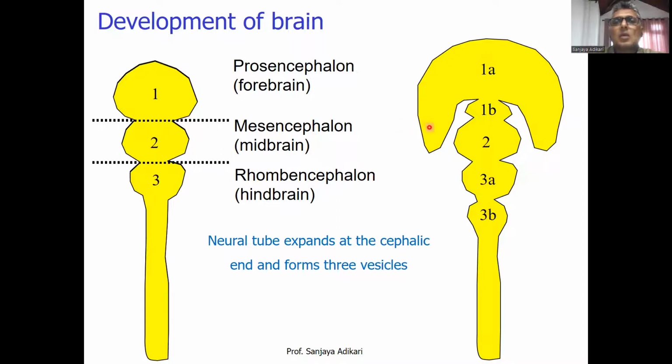Then you can also see that the first part of the forebrain vesicle grows rapidly and expands and hides the second part of the forebrain vesicle. So the first part grows rapidly and the second part gets hidden inside the first part.